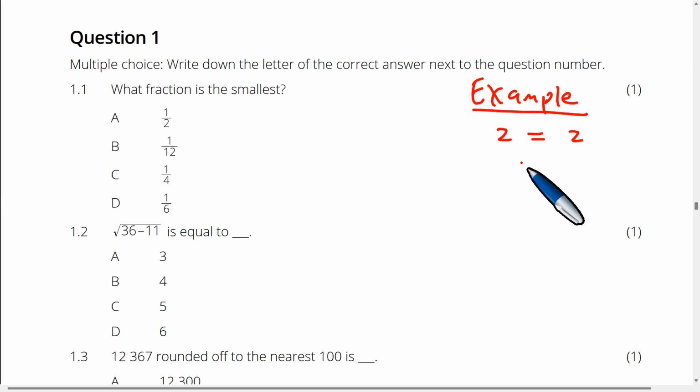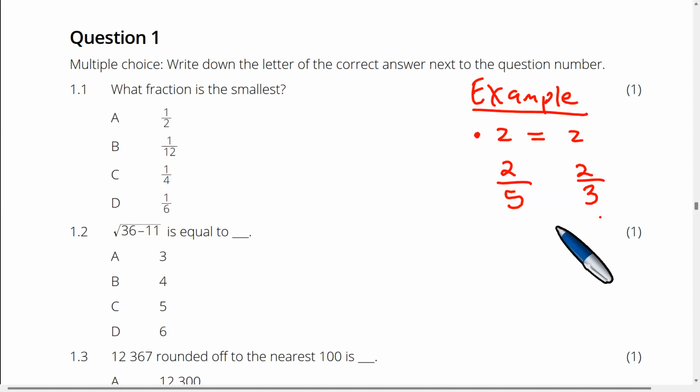I was saying here is the example. The first point is that the number 2 equals itself. 2 equals 2. That's obvious. But if we decide to take the number 2 and divide it by 5, and then take the number 2 and divide it by 3, which number is bigger than the other and which one is smaller than the other and why?